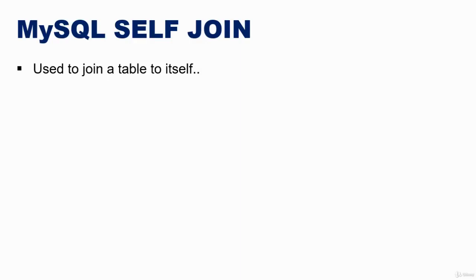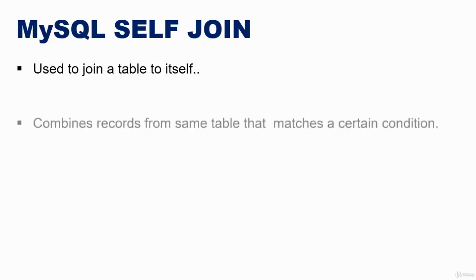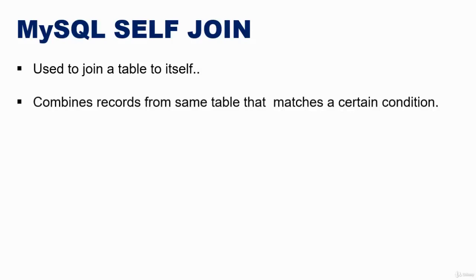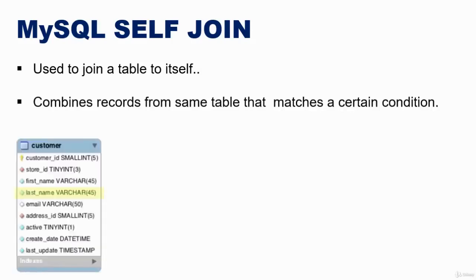A self-join is useful when you want to combine the records in a table with other records in the same table that match a certain join condition.